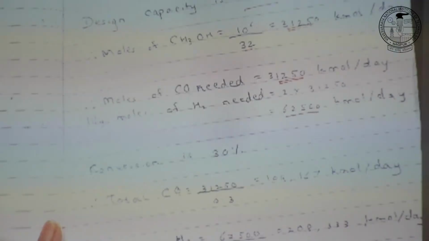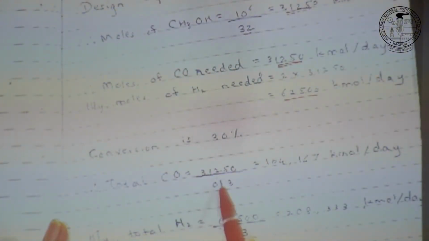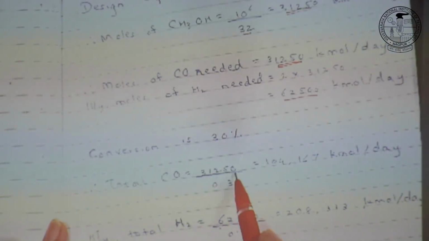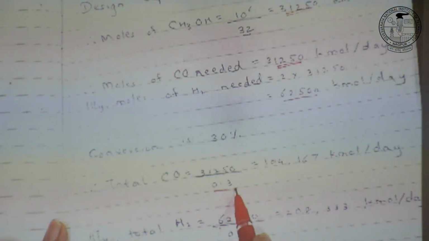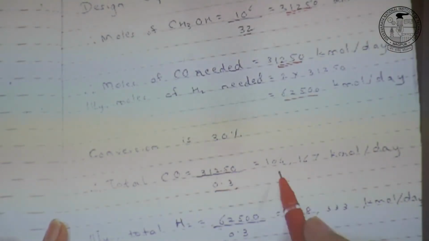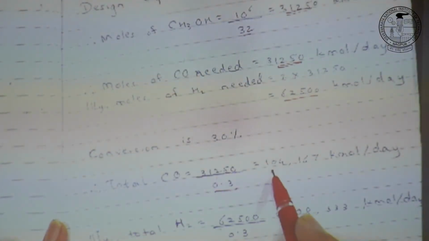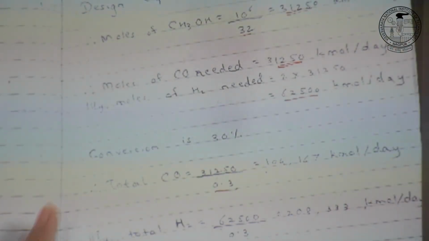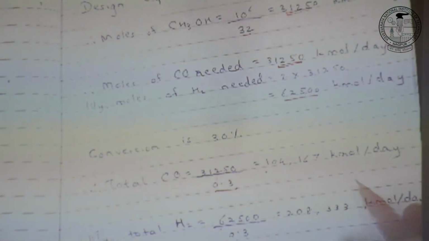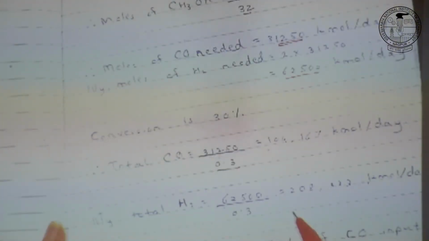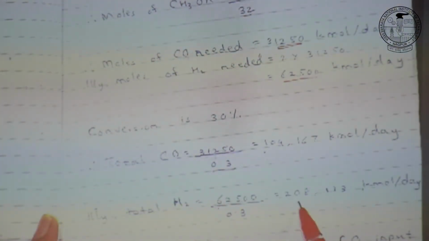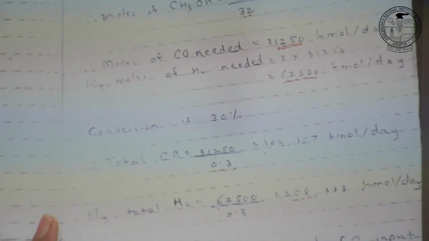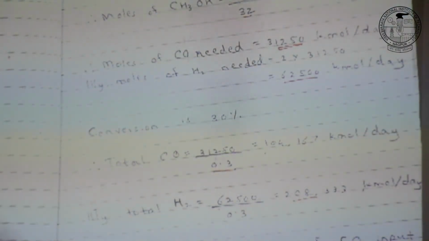We are given that there is 30% conversion, so for 30% conversion, the total kilomoles reacting is divided by 0.3. So 1,04,167 kilomoles per day of CO is required, and for H2, it's 2,08,333 kilomoles per day.